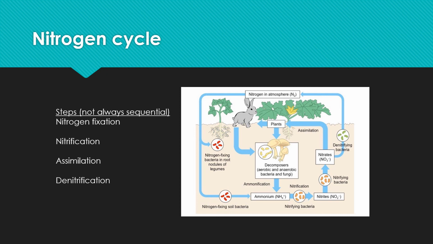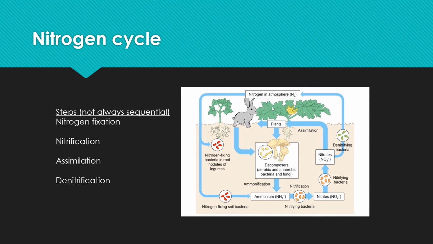The third is assimilation, and again, you can see these steps: nitrogen fixation, nitrification, assimilation. That's where plants take up ammonium and nitrates in soil, and they make something that they actually need, like proteins, nucleic acids. Assimilate means put together. And the last one is denitrification.